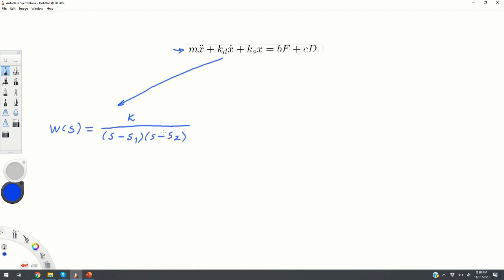In this representation, S1 and S2 are the poles. The poles are the zeros of the polynomial in the denominator of your transfer function. The second form looks like this.